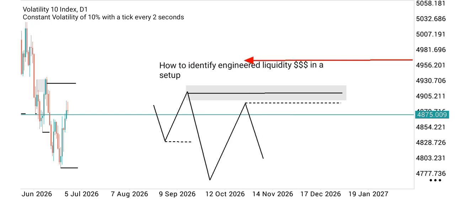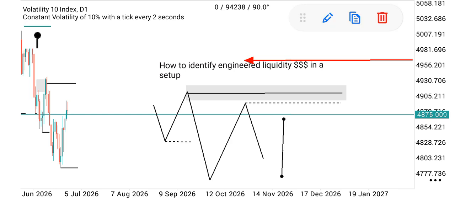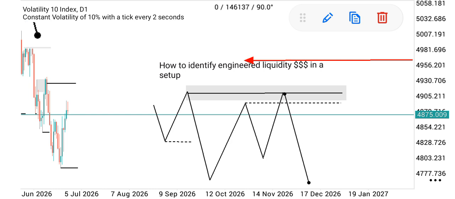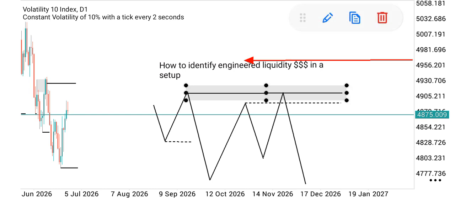The market is pushing upward, then you see something different, you see a change. The market will come, clear that engineered liquidity, tap into your zone, and from there it's going to push again. Once you tap your order block, it's going to push, and it's going to clear your sell side liquidity.